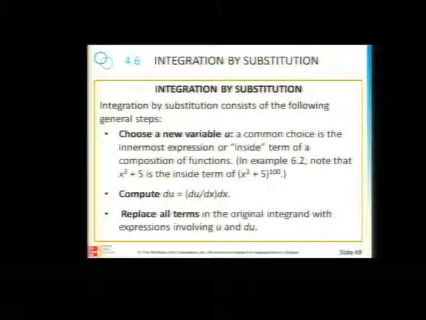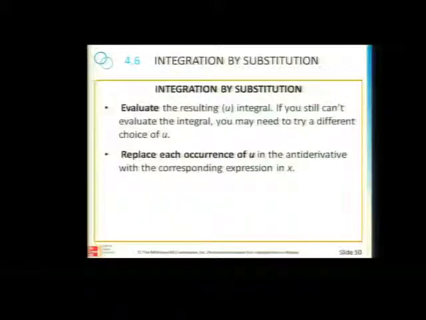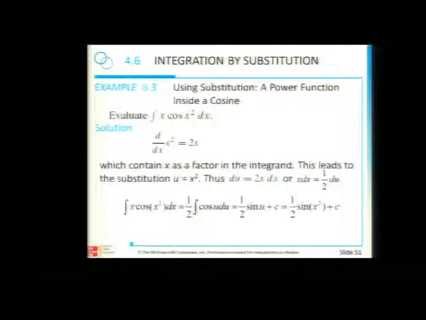So you can replace all the x terms with terms containing u. Then you just carry out the integration, and your answer will be in terms of u. Of course, ultimately, we don't want u, so just change it back. Since you know u in terms of x, you can change the function of u to a function of x. That will represent the final answer. So that's what you do in substitution.